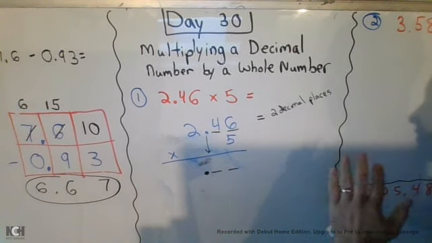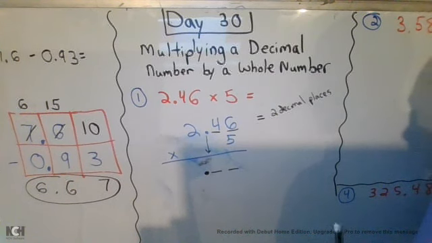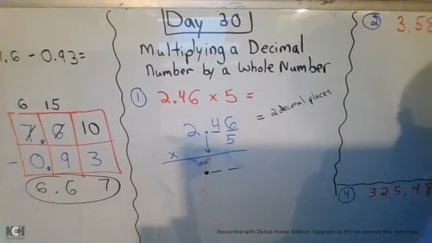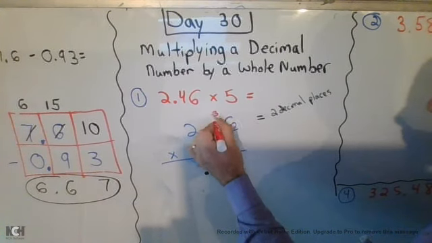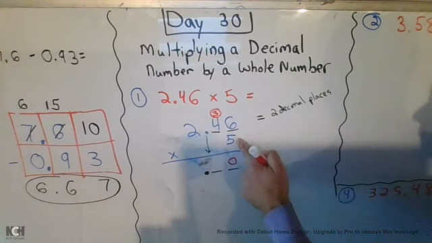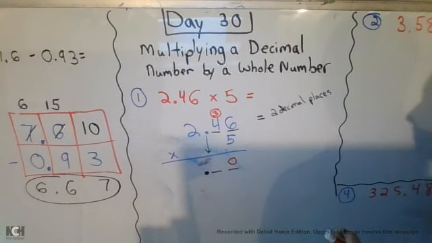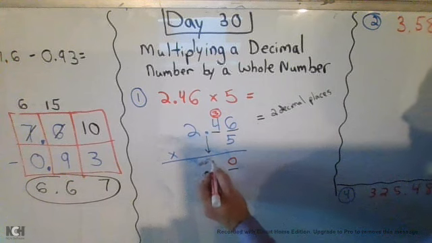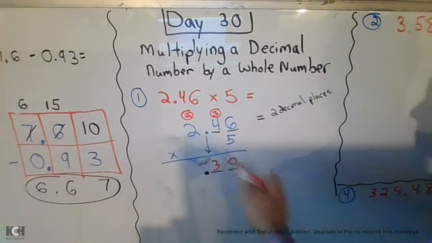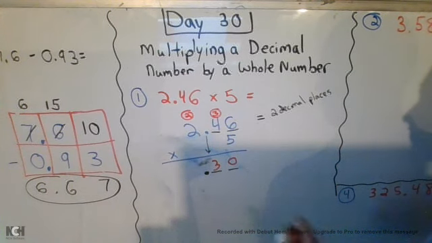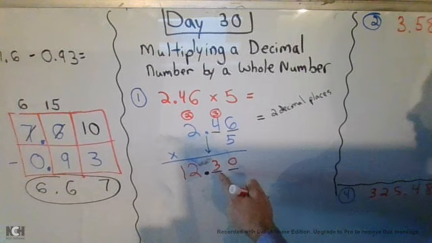Now I can go ahead and multiply like I know how to do. 5 times 6 equals 30. So that 0 will go here, the 3 will go up here from the 30. 4 times 5 equals 20, plus 3 equals 23. Carry the 2 of 23. 5 times 2 equals 10, plus 2 equals 12. So that gives me the answer of 12 and 30/100.